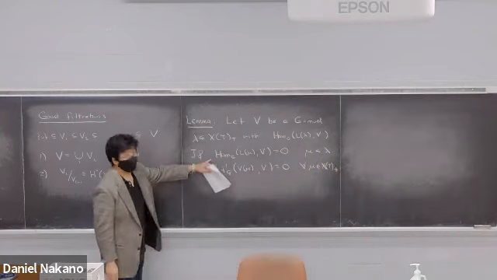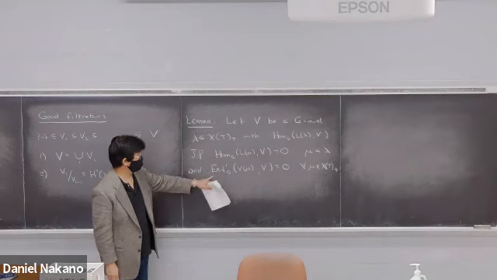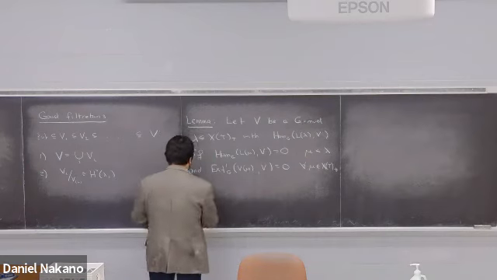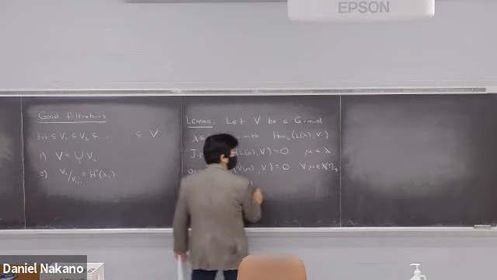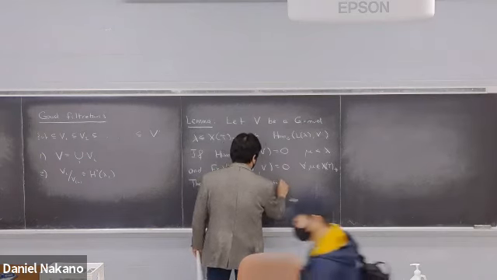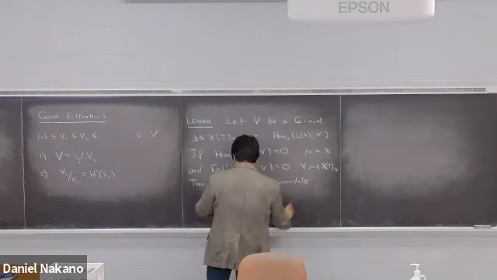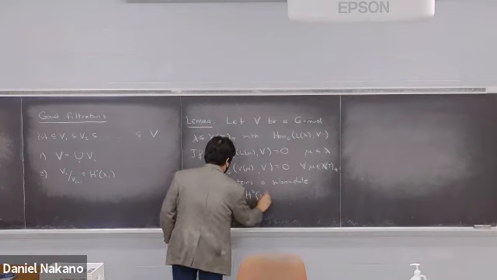So you want homomorphisms from lower irreducibles to be 0, and then you want the Ext^1 with all of the Weyl modules to be 0. Okay? Then V contains a submodule isomorphic to H0(lambda).